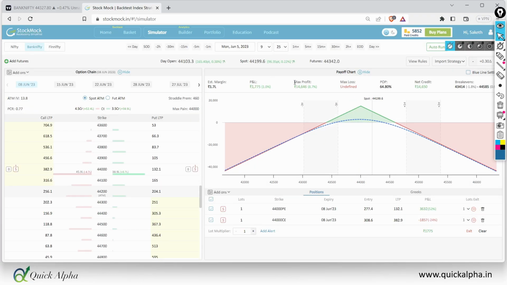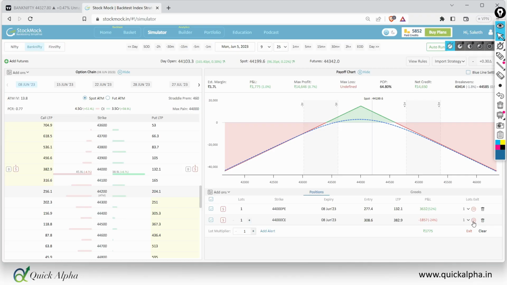So you can see around the time of 9:25, two things have happened. One, we have actually come to our resistance, which is 44,200, and also there is a huge imbalance in the premium, right? So it is 132 and 382. Very obviously, I am not very comfortable with this particular position and I do not want to come closer with my puts.